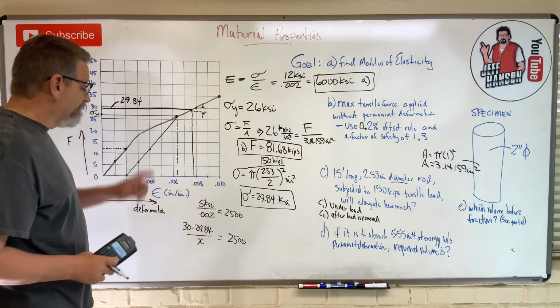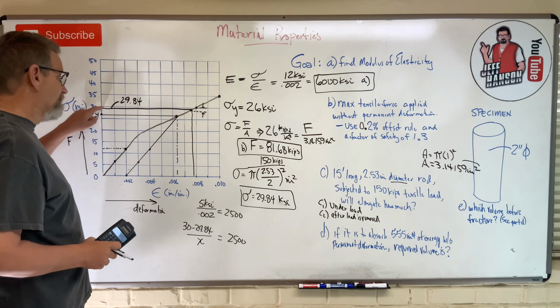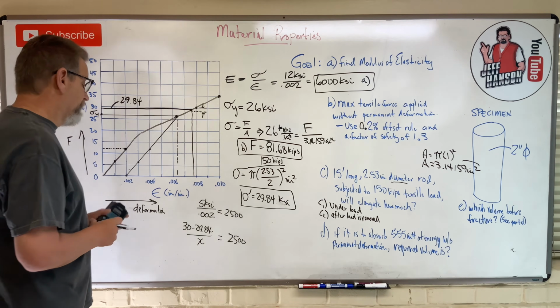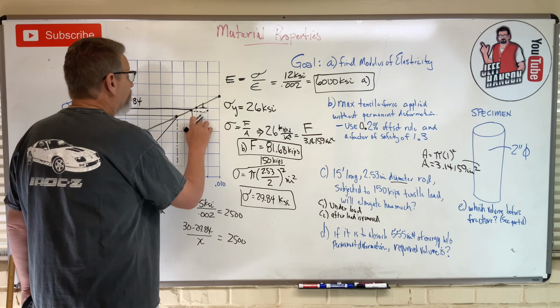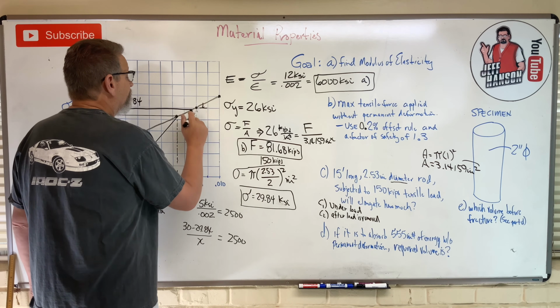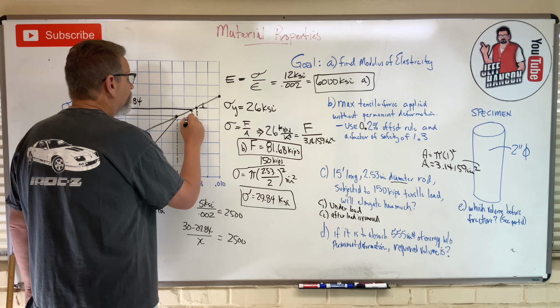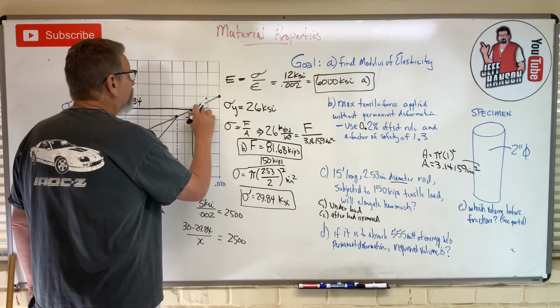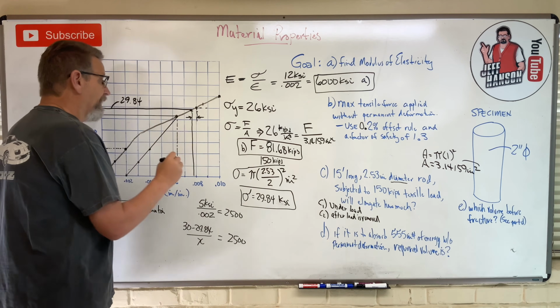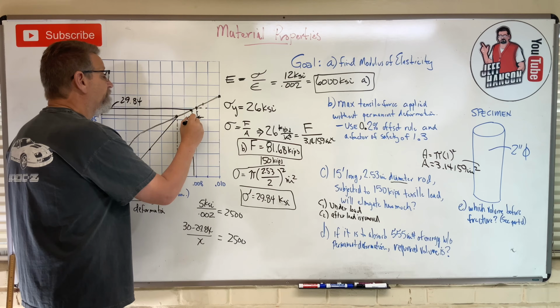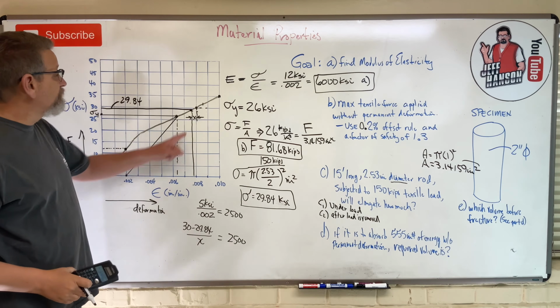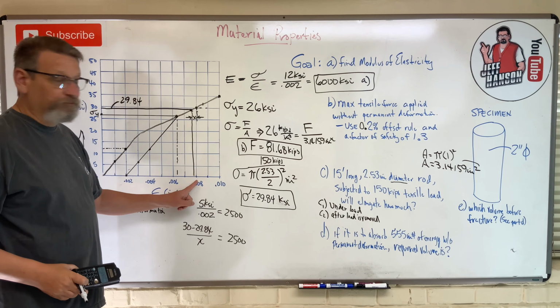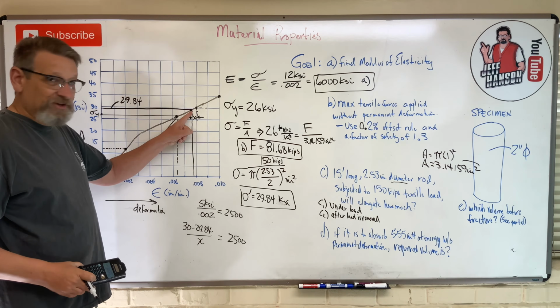So I've got to take, whatever I get for X, I'm going to take 30, no, I'm sorry, that's not right. X is going to be this distance right here, isn't it? It's going to be that. So whatever I find for X, I need to subtract that from 0.008 to get the deflection there, don't I?